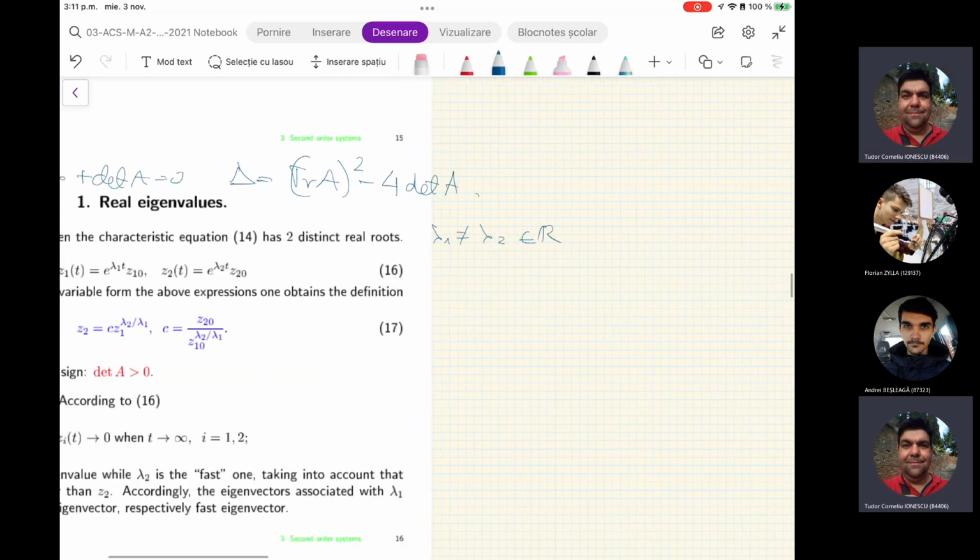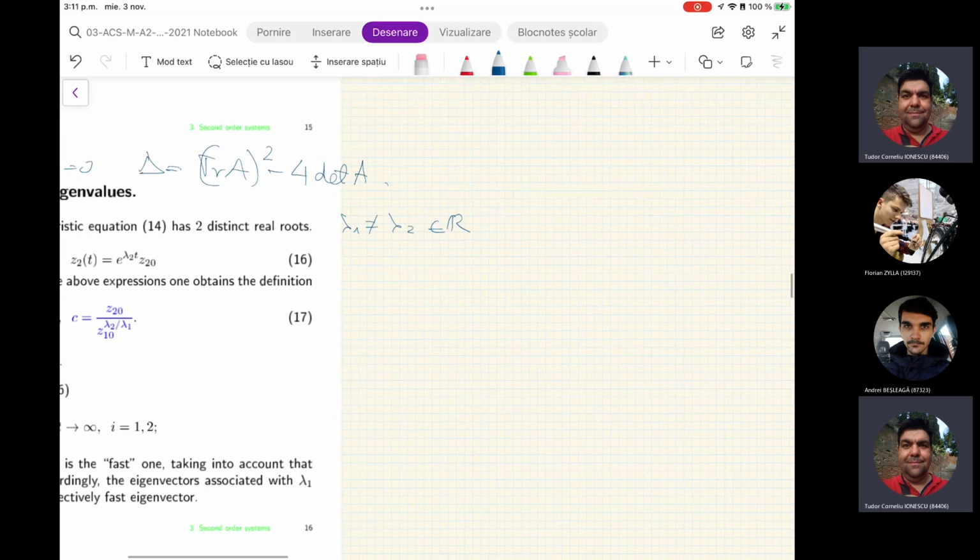Okay, and you can write that z is the exponential of the matrix lambda 1, 0, 0, lambda 2, times t, times z naught.